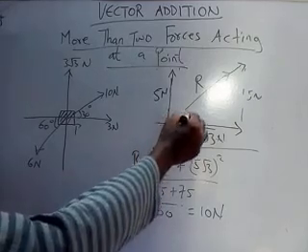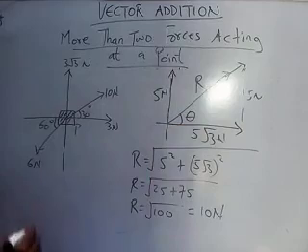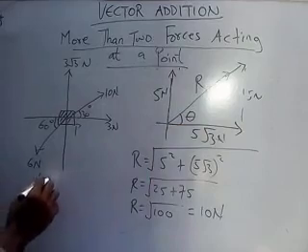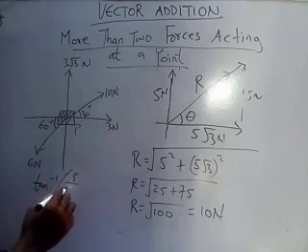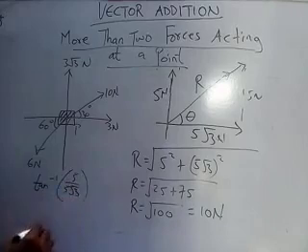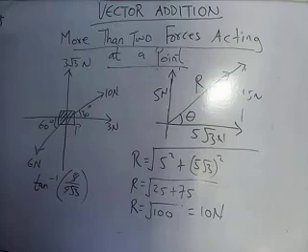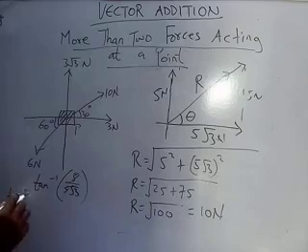And if you want to get theta, just get tan inverse of opposite over adjacent. That is 1 over root 3. Sin 30 is 1 over 2. Cos 30 is root 3 over 2.